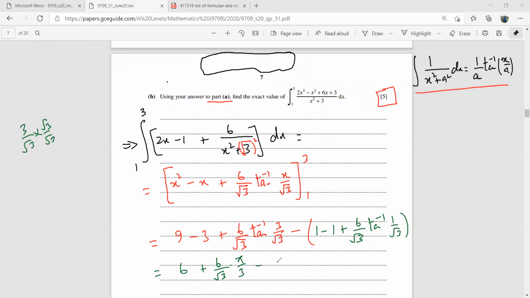You can use your calculators if they give you the answer in exact form. And this is 6 over under root 3, and this is, I believe, pi by 6.